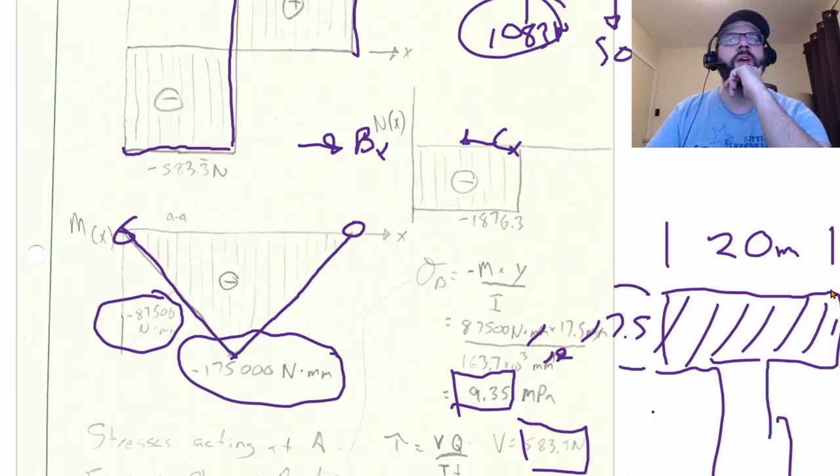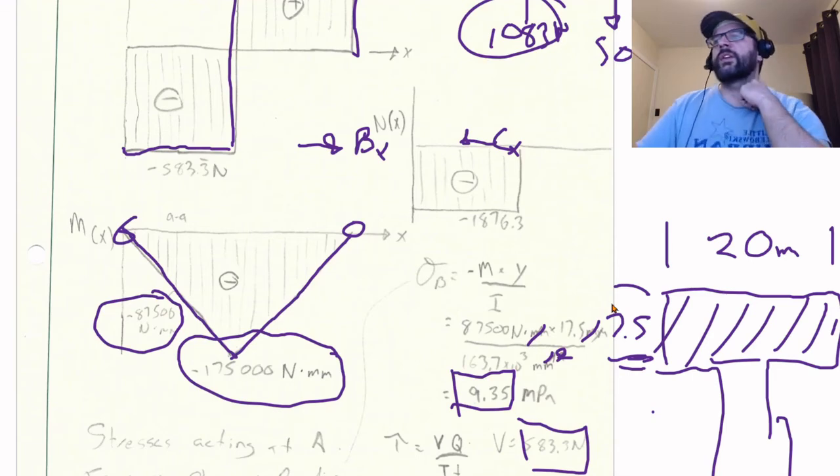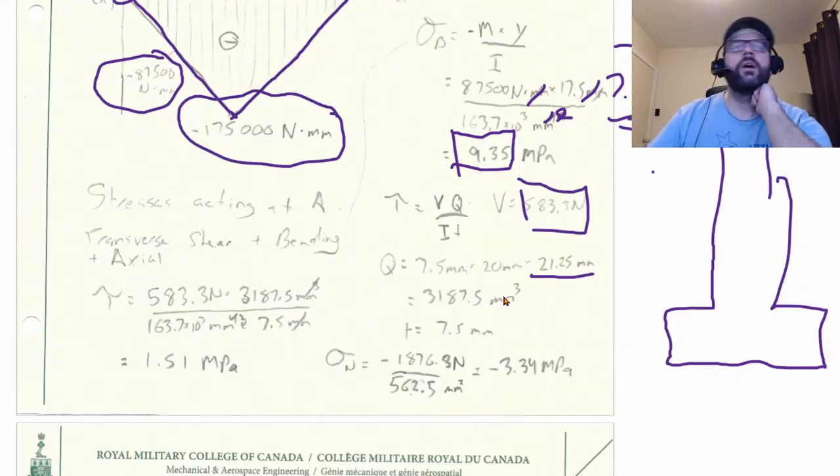So minus half of 7.5, which is 21.25 millimeters. So that gives us a Q of 3,187.5 millimeters to the third.